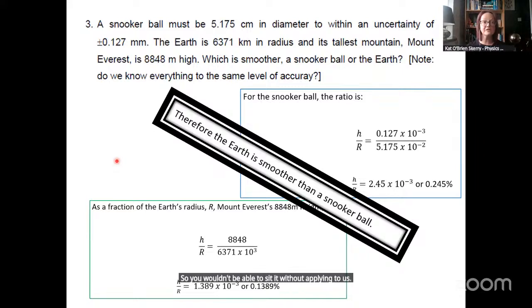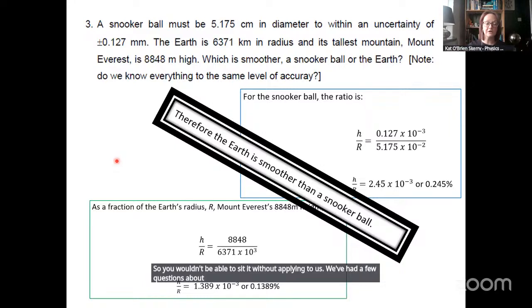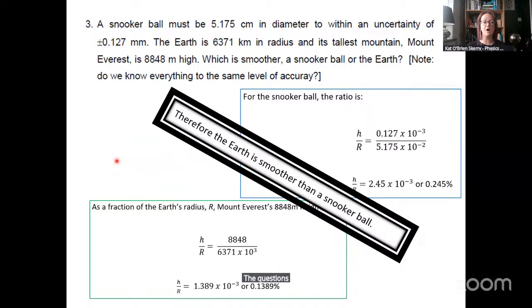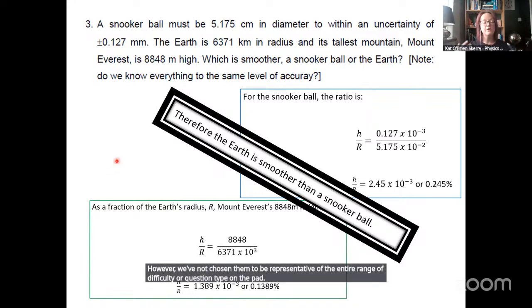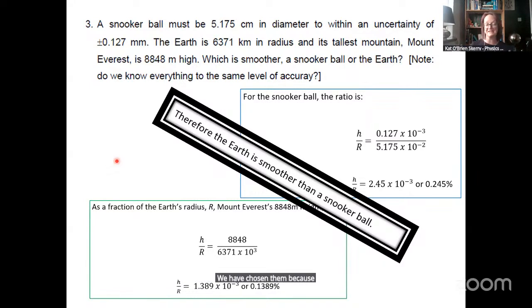We've had a few questions about the difficulty themselves. The questions we have chosen today are from PAT past papers. However, we've not chosen them to be representative of the entire range of difficulty or question type on the PAT. We have chosen them because they reflect a particular set of problem-solving skills that we wanted to discuss with you today.